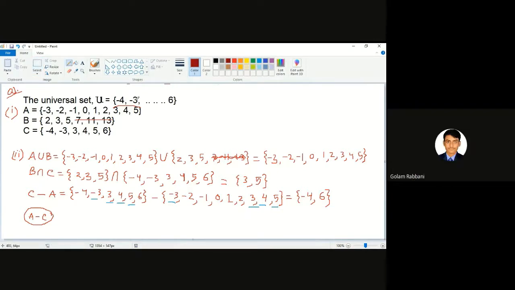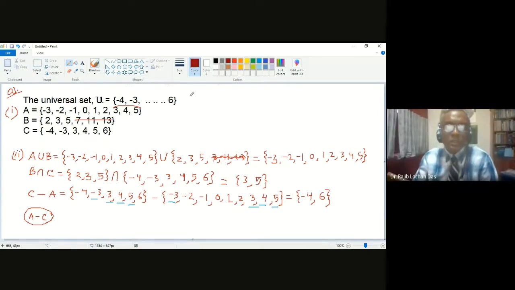So the first one is A prime. Okay, so let us start with A prime. A prime is actually the universal set minus A. You already know what the universal set is.